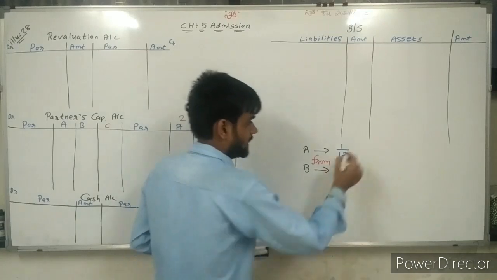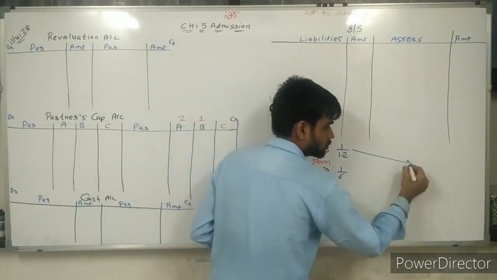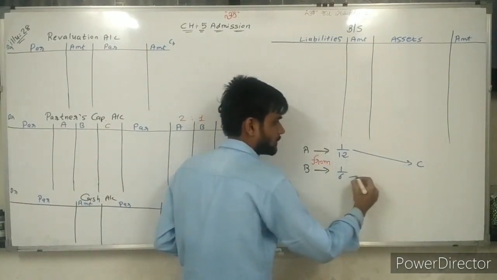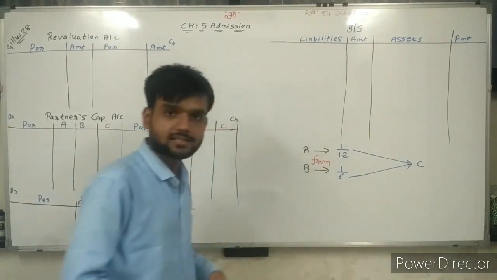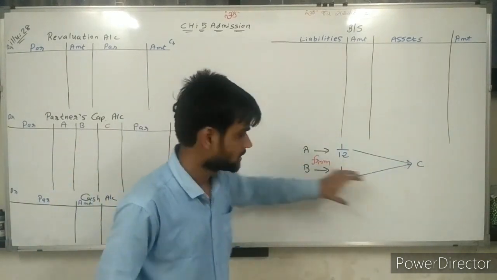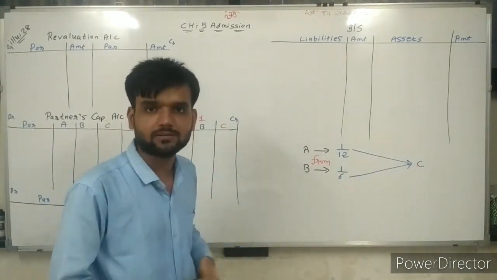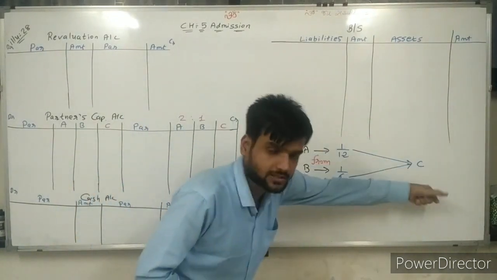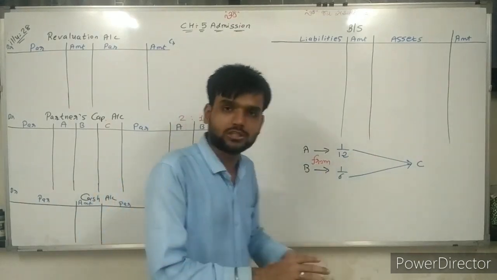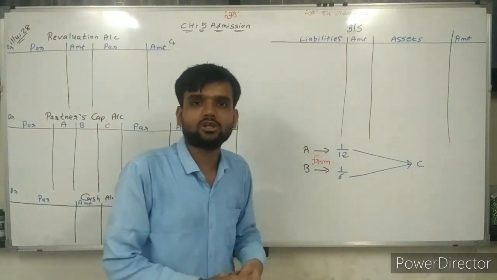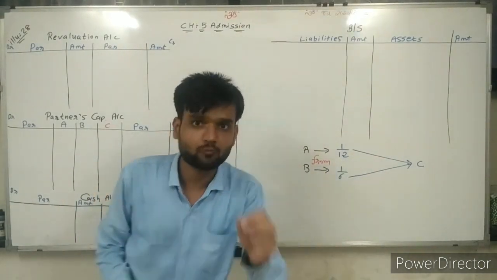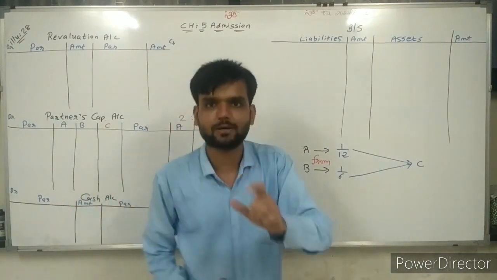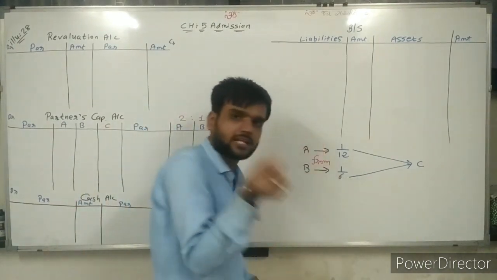It means this 1/12 is given to C and this 1/6 is also given to C by A and B respectively. We don't need to find what is actually sacrificed. This is itself a sacrifice ratio.